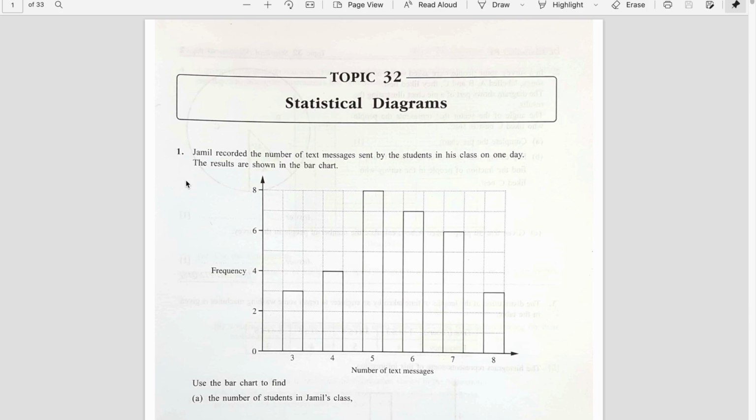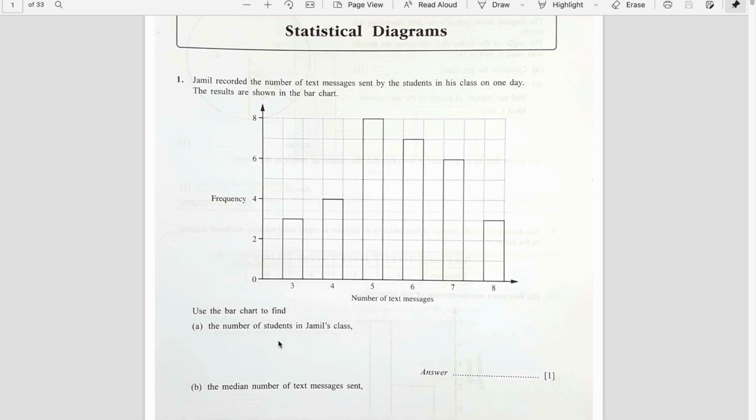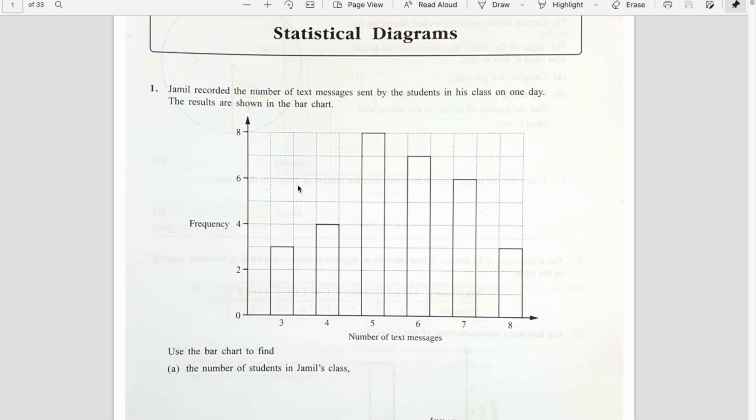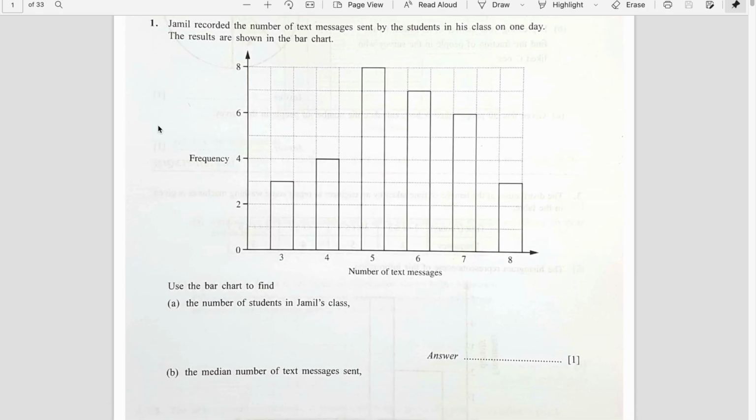Jamil recorded the number of text messages sent by students in his class on one day. The results are shown in the bar chart. Use the bar chart to find the number. We did this, right? Okay, I just wanted to make sure that we're not doing something out of syllabus.